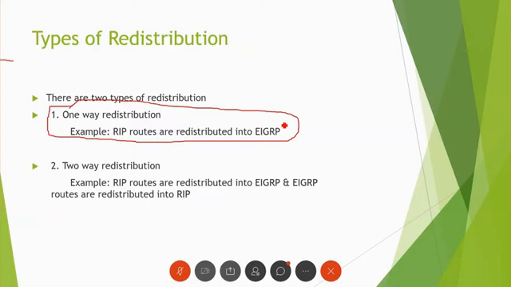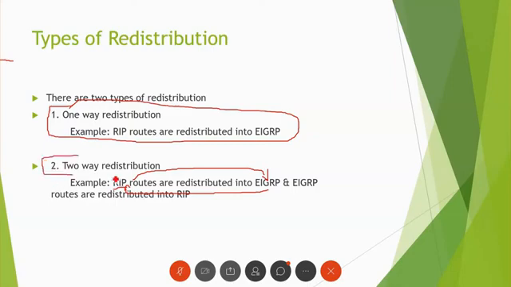Then we also have the concept of two-way redistribution, where you exchange the routes of RIP into EIGRP, sending the routes from RIP to EIGRP, which is one-way redistribution, and again sending EIGRP routes into RIP. When you send both ways, it is called two-way redistribution.